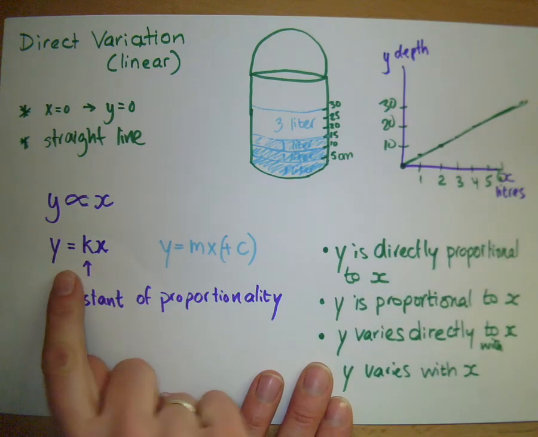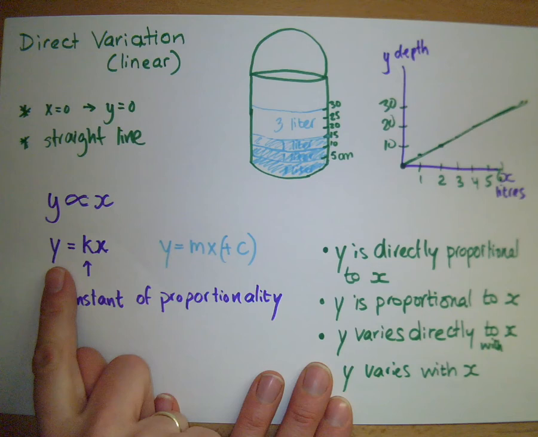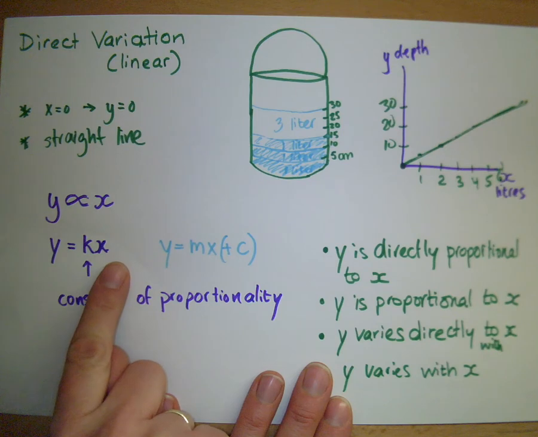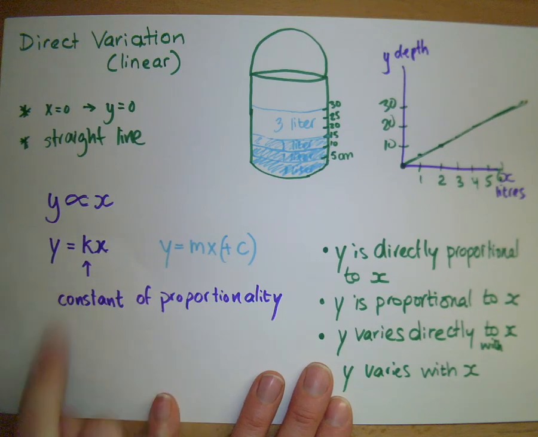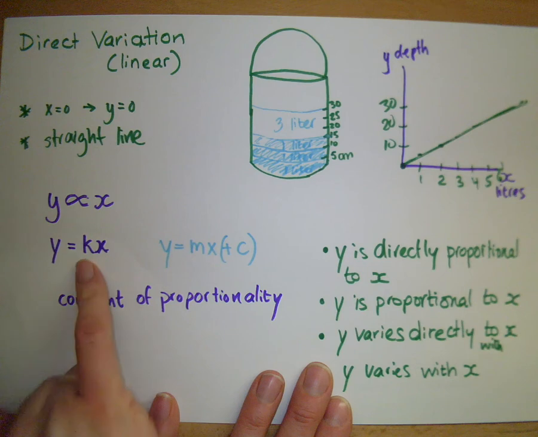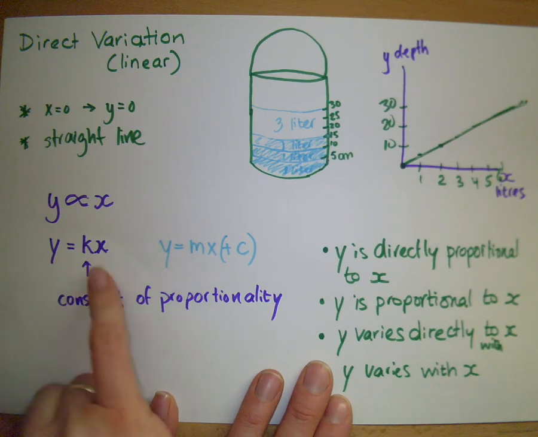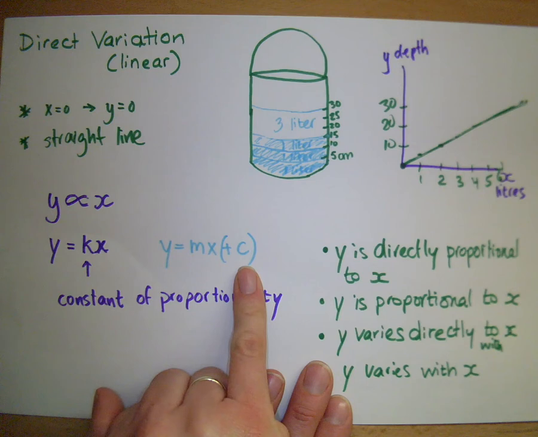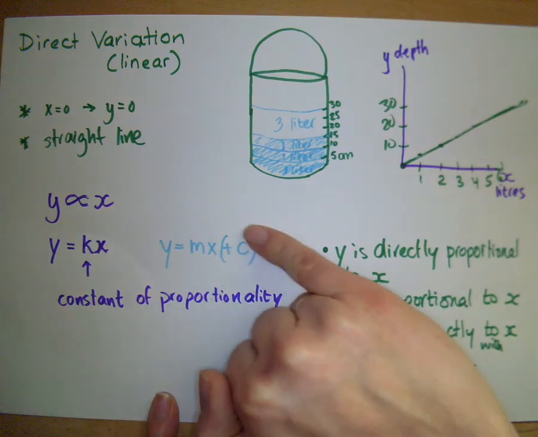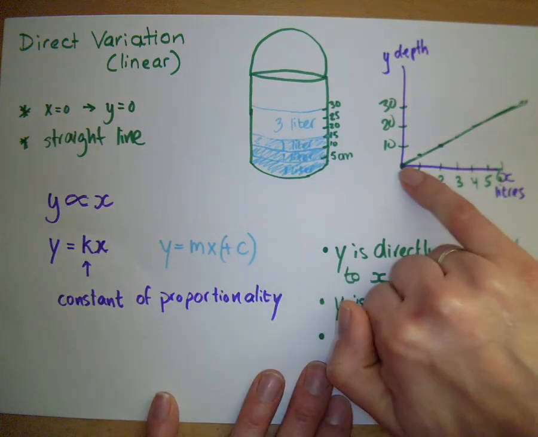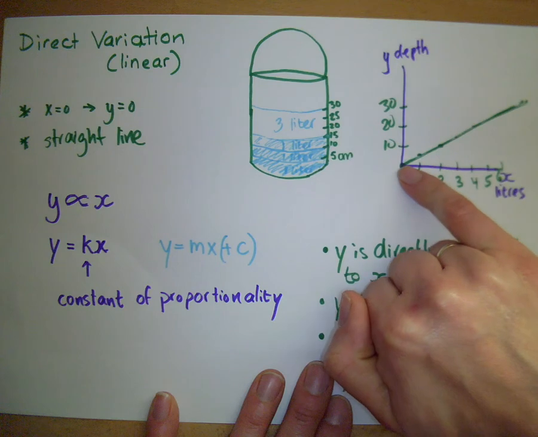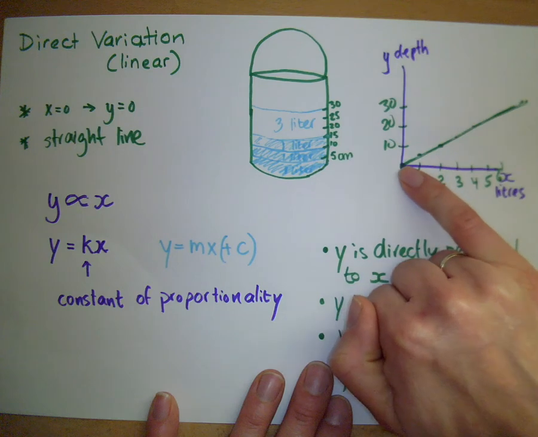This is described by a formula for y in terms of x, where x is multiplied by a constant, which we call the constant of proportionality, to give y. It looks a lot like the equation of a straight line, where c, the y-intercept, is 0, because these all start in the origin.